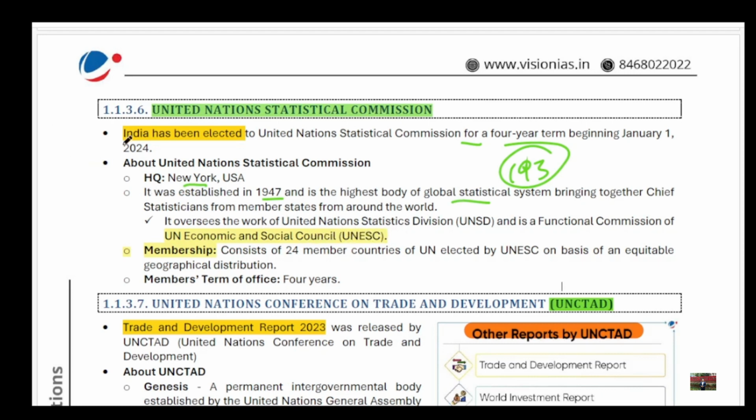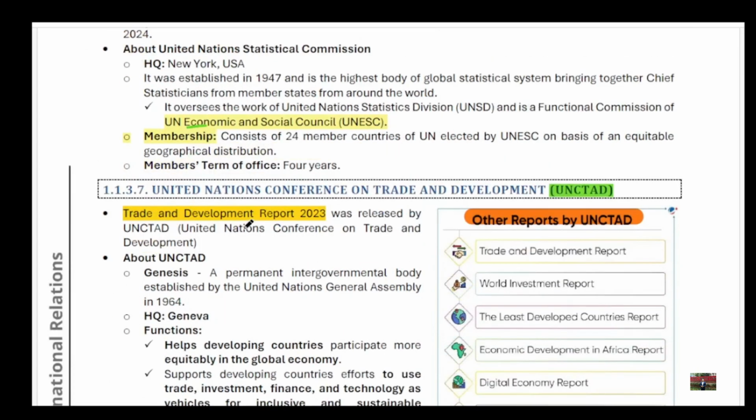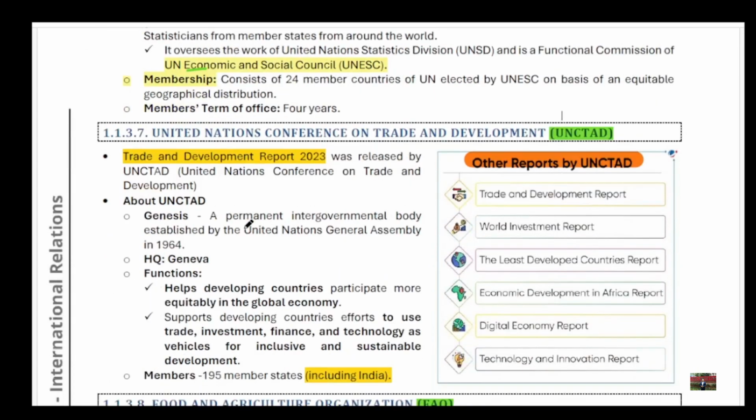There is a lot of research being taken into consideration by the United Nations, and the Statistical Commission is responsible for undertaking all such data and research. It is a functional commission under the UN Economic and Social Council, one of the important organs of the United Nations.